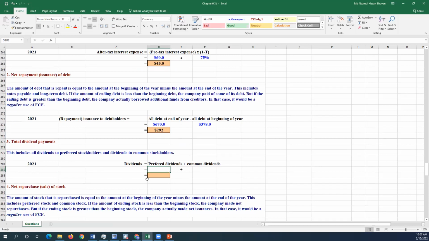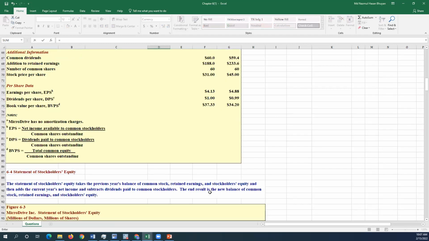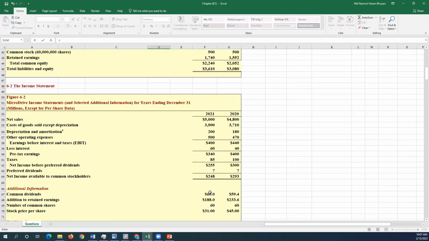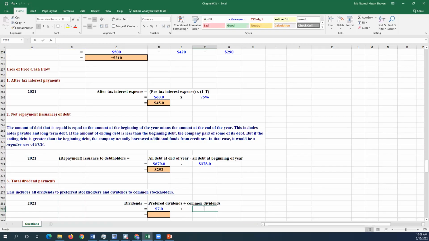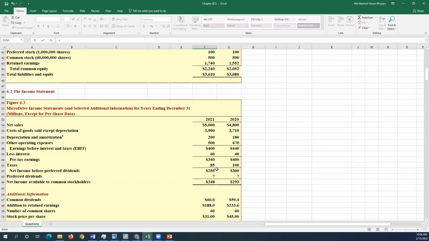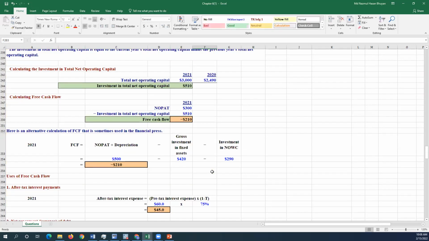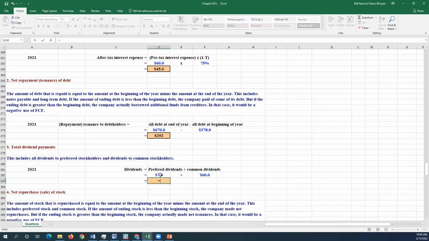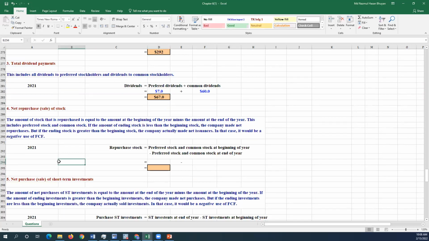Right. Next, total dividend payment. The company paid preferred dividend and common dividend here. So preferred dividend is 7. Then common dividend is 60. So total dividend the company paid is 7 plus 60. Next, repurchase stock.